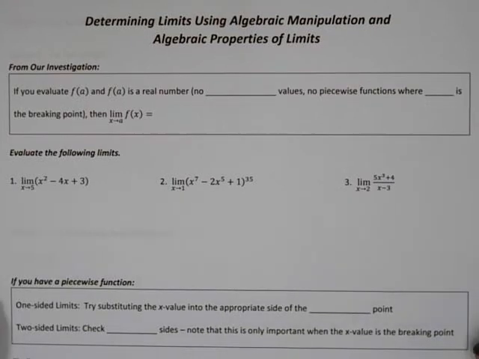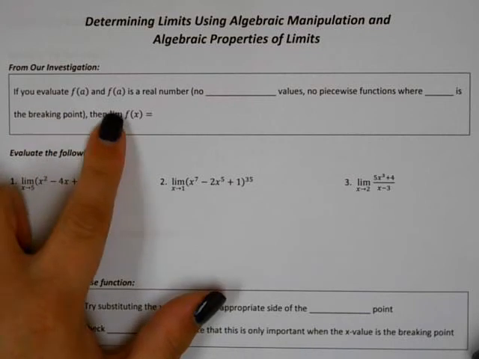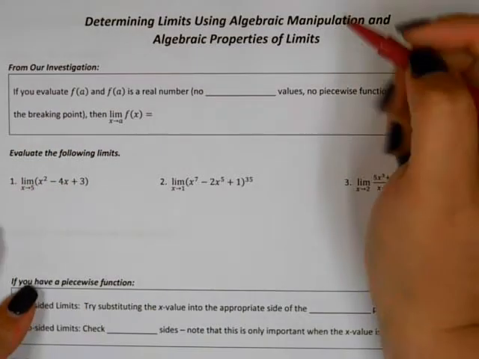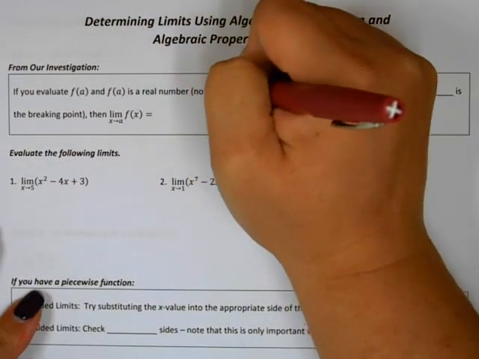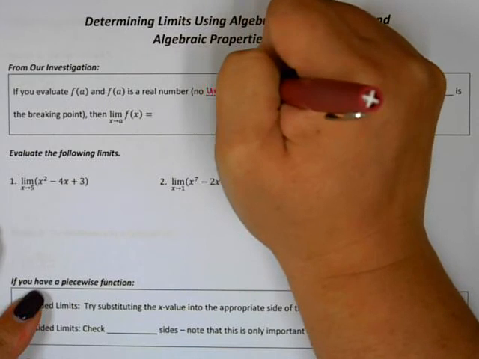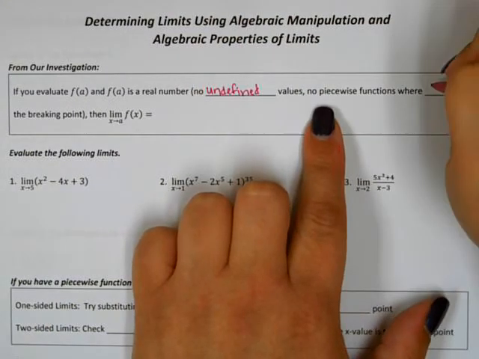However, what we want to talk about is if you evaluate f of a, and f of a is a real number, so it's not undefined, and it's not a piecewise where a is the breaking point.